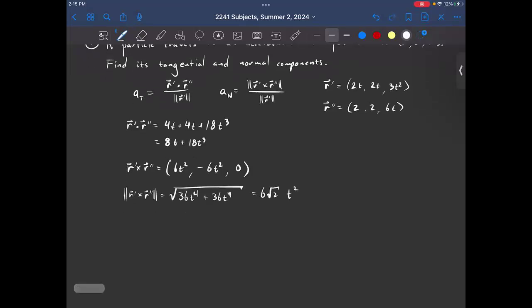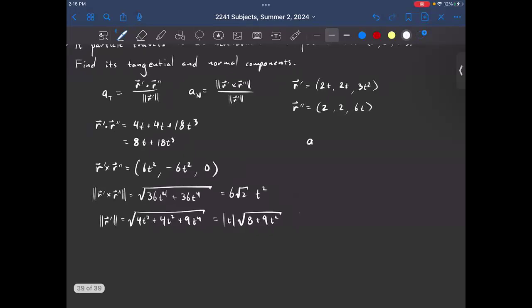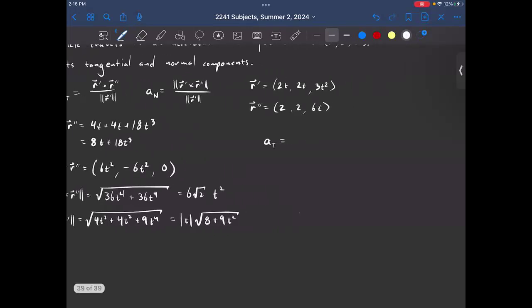And then the norm of r prime is the square root of 4t squared plus 4t squared plus, and now we do have a z component, 9t to the fourth. That is absolute value of t, square root of 8 plus 9t squared. All right, so that is our norm, and we can just plug things directly into our tangential formula and our normal formula.